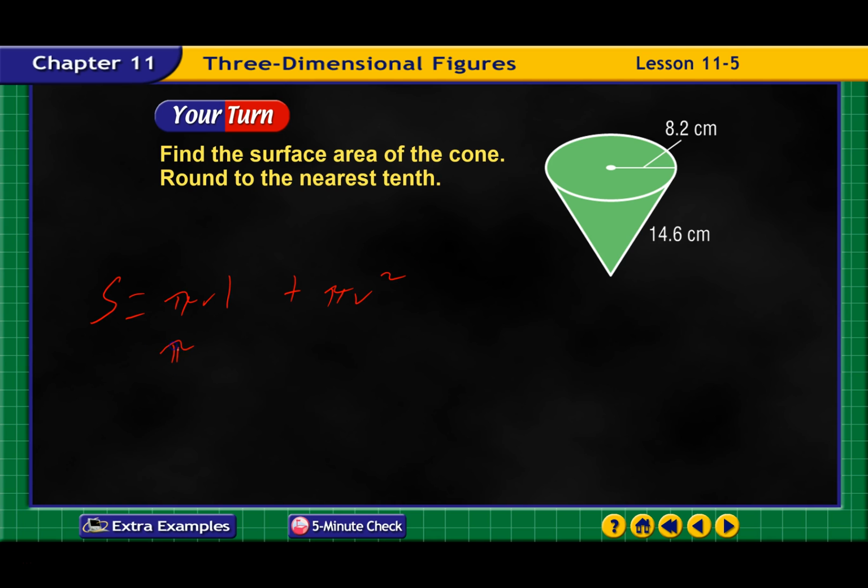So I'm going to go pi times 8.2. My L is 14.6. We're going to add pi times 8.2 squared. Punch all that into your calculator. You should come up with approximately 587.6 centimeters squared.